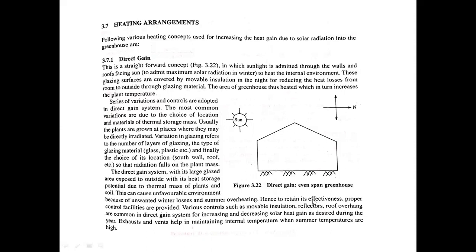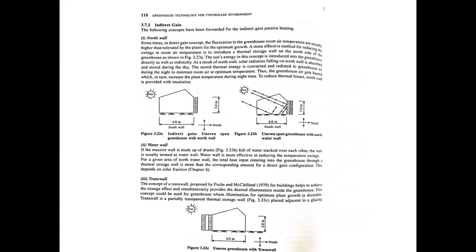In winter, the greenhouse at night should be properly insulated, and proper warm air should be circulated or ventilated inside the greenhouse. So many different types of walls which absorb heat are used. There are many ways, and we'll study them in the next slides.